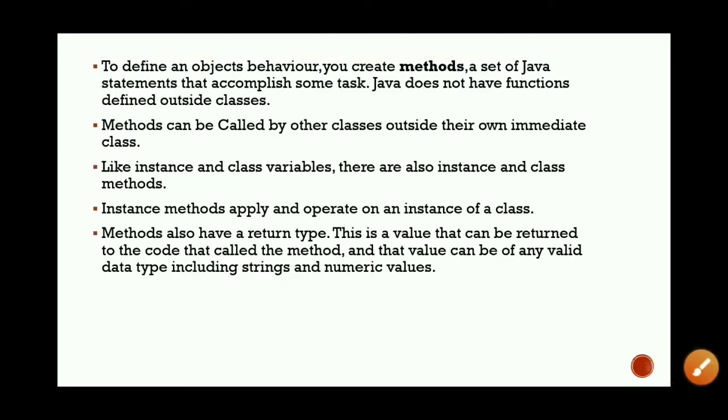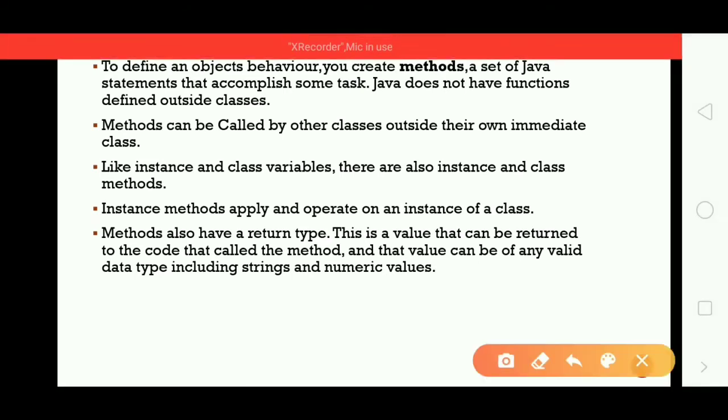To define an object's behavior, you create methods, a set of Java statements that accomplish some task. Java does not have functions defined outside the class. See guys, to define an object's behavior, create a method. What is a method? A set of Java statements that accomplish some task.